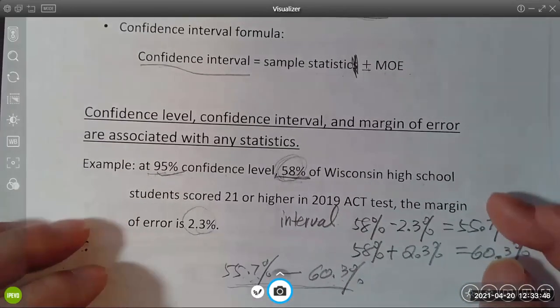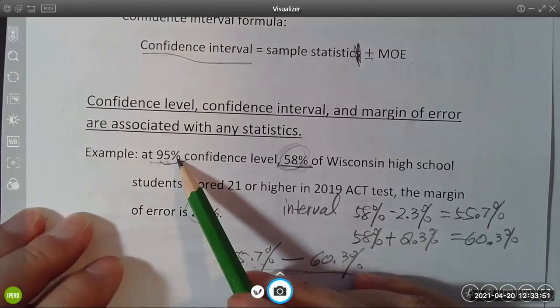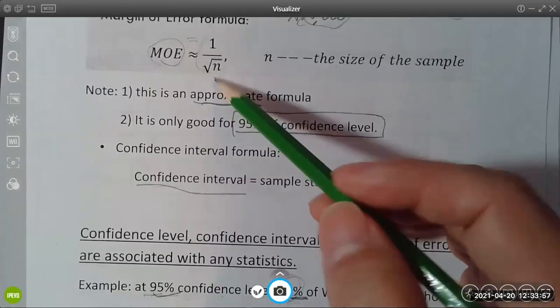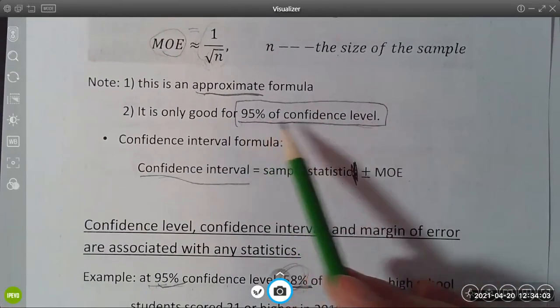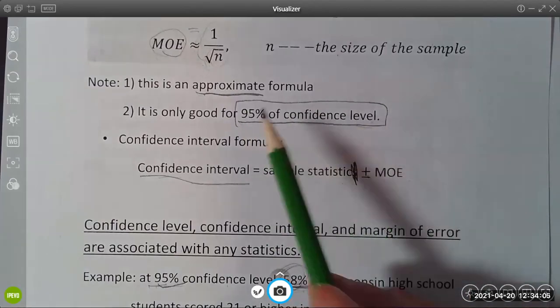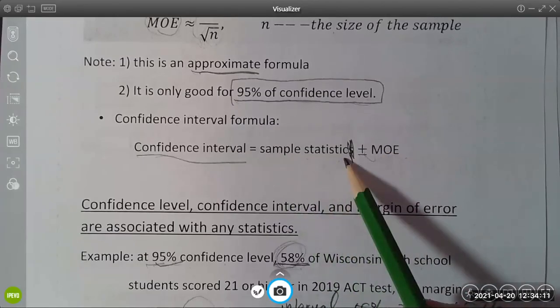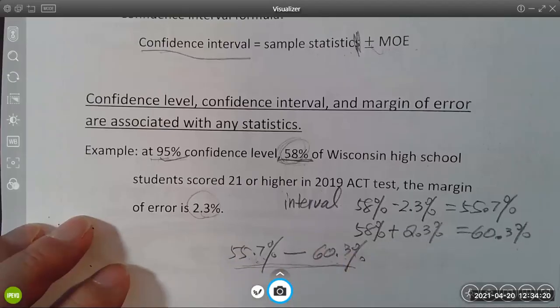That's why whenever we talk about an interval, we will have this confidence level, because the formula to calculate the margin of error is based on 95% confidence level, 95% likelihood. After we get the margin of error, we use it with the sample statistic to create this confidence interval. So this confidence interval is also related to that 95% confidence level. That's why we also call this a 95% confidence interval.